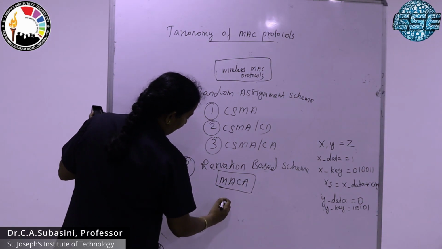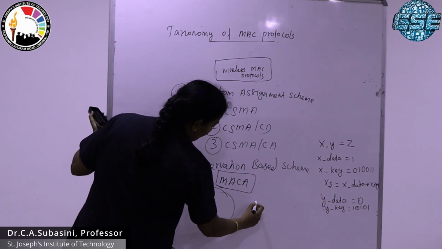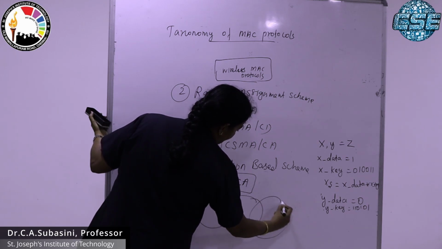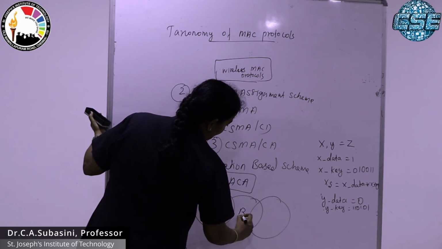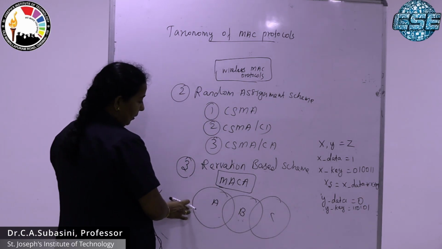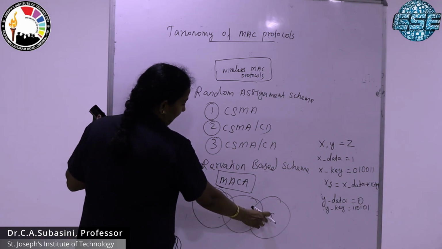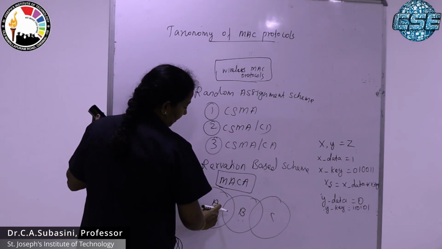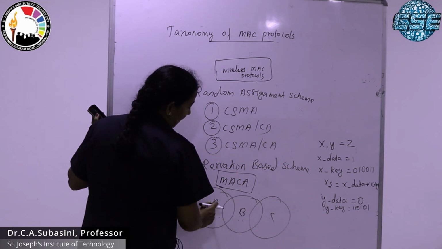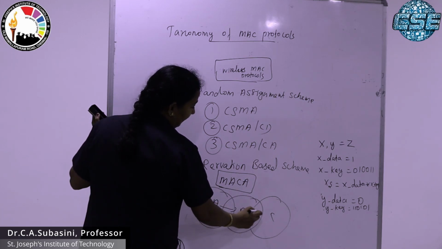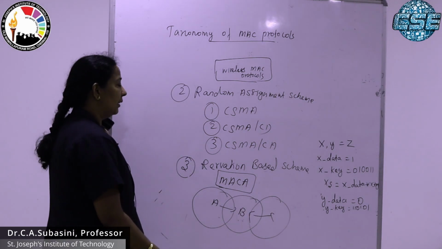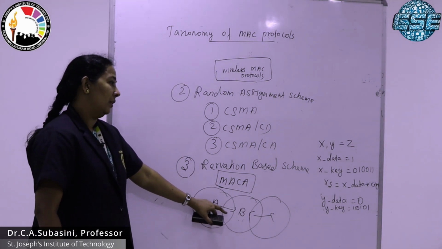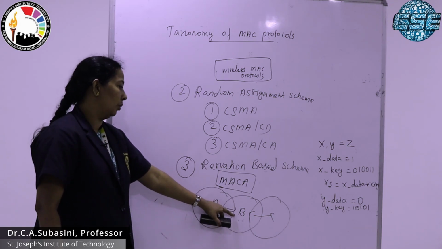In this hidden terminal problem, suppose three different nodes are there, A, B and C. A is in a different radio range and C is in another different radio range. So in that situation A and C are hidden. If at the same time A sends data and C sends data, collision will arise. Okay, that is called the hidden terminal problem.